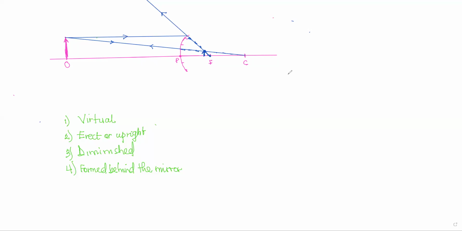The image is still virtual. You see, we have varied the position, but the image is still virtual. It's still erect or upright. When you compare the image size to the object size, the image is still diminished. It is still formed behind the mirror.